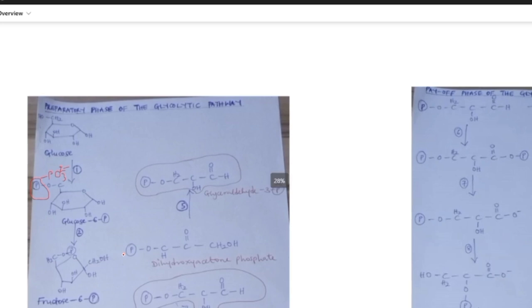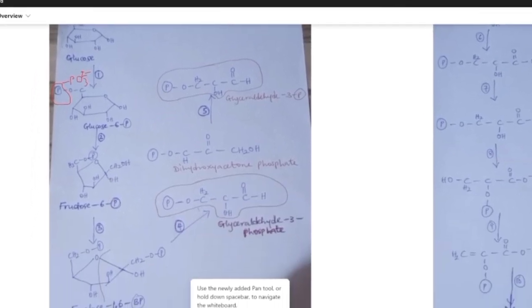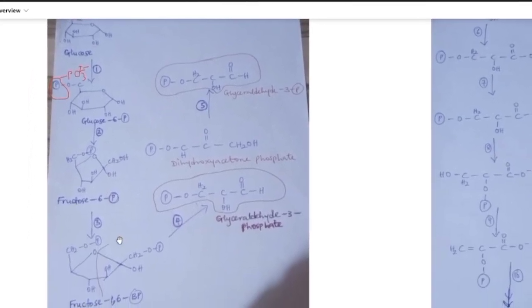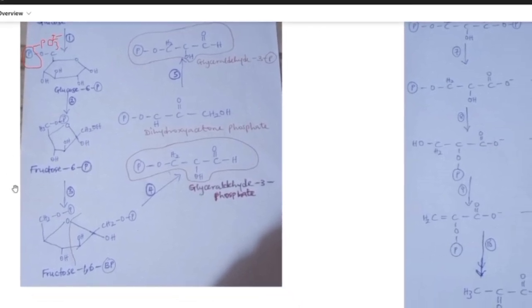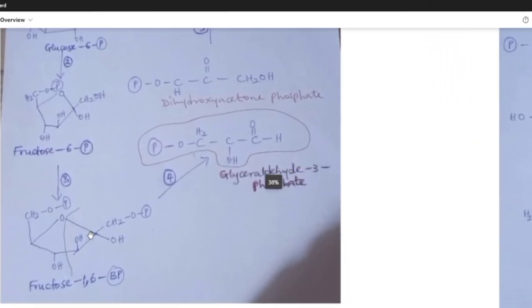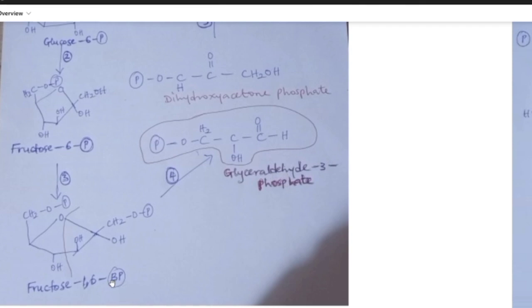In step 3, fructose 6-phosphate is phosphorylated again, this time at carbon 1, giving you fructose 1,6-bisphosphate.